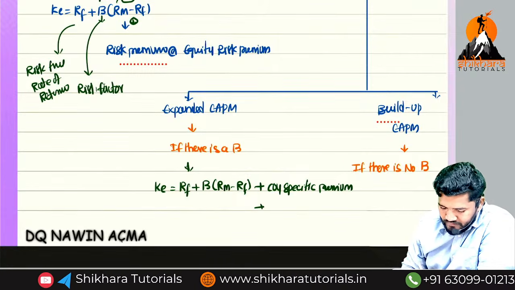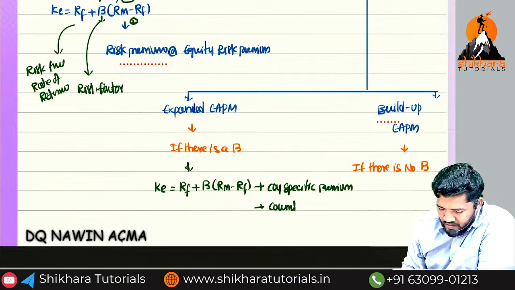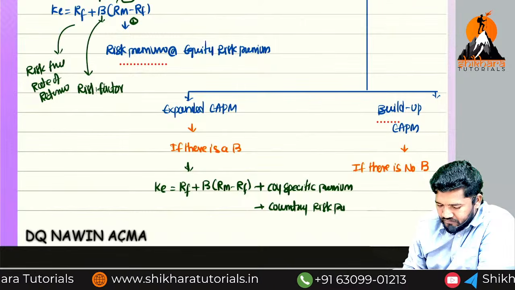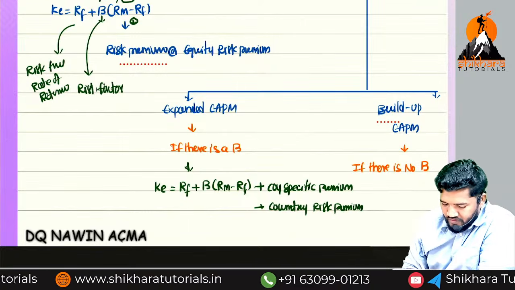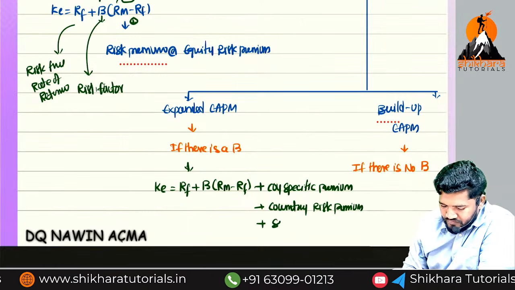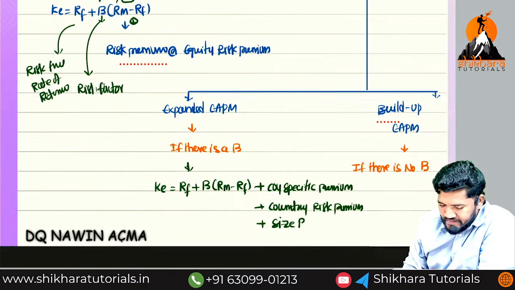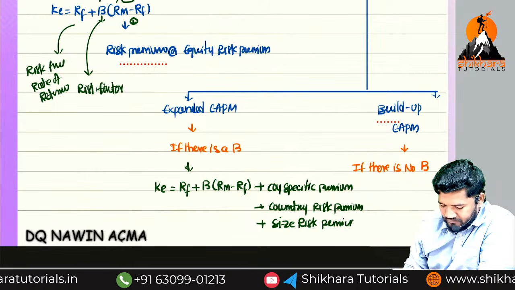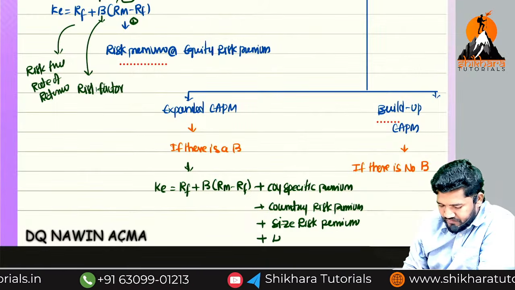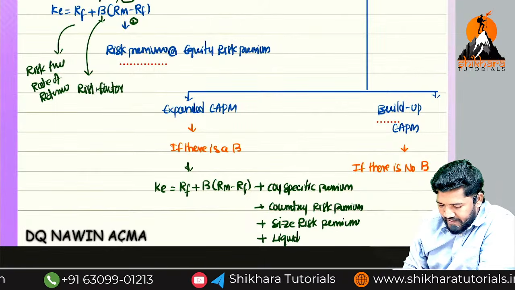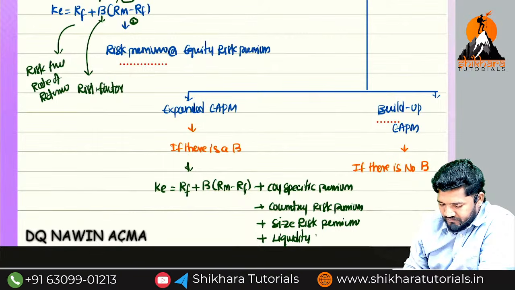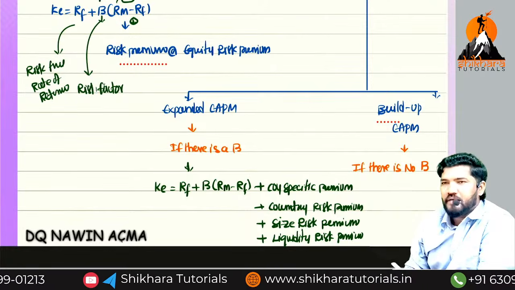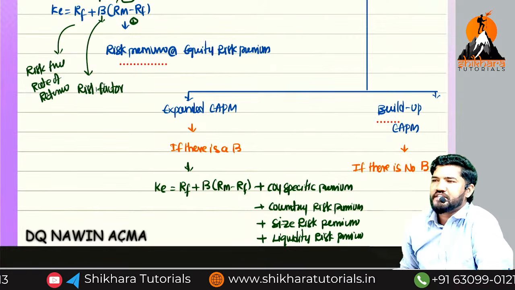Next, country risk premium. Next, size risk premium. Next, liquidity risk premium. The sum of all this is known as expanded CAPM.